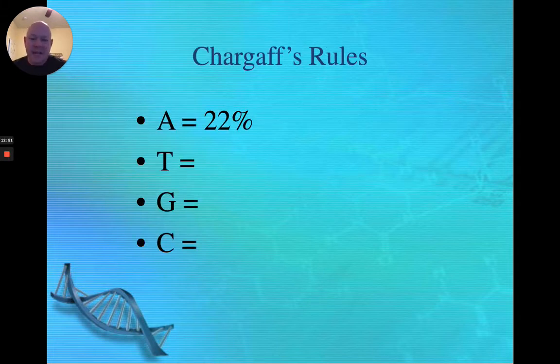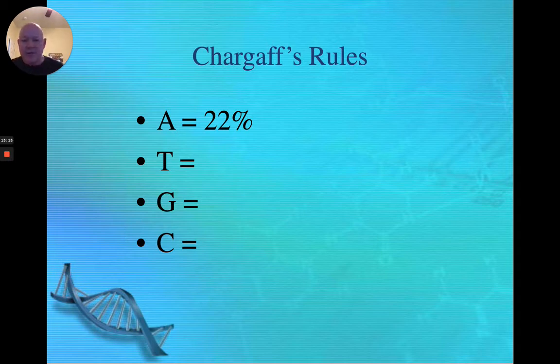So here's an example. On this right here, I have given you 22% A. So if you have 22% A, how much T do you have? So if you remember Chargaff's rules, A goes with T, there has to be 22% T. Now that we know A and T, how do we find out how much G and C there is?